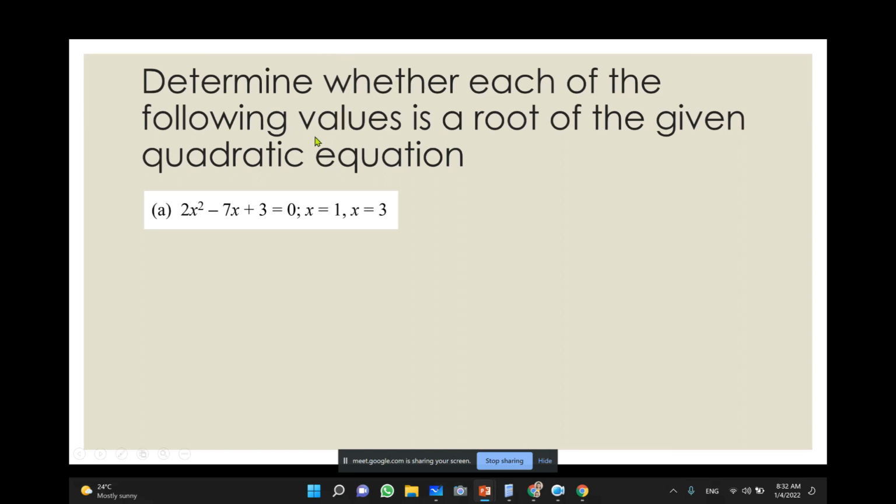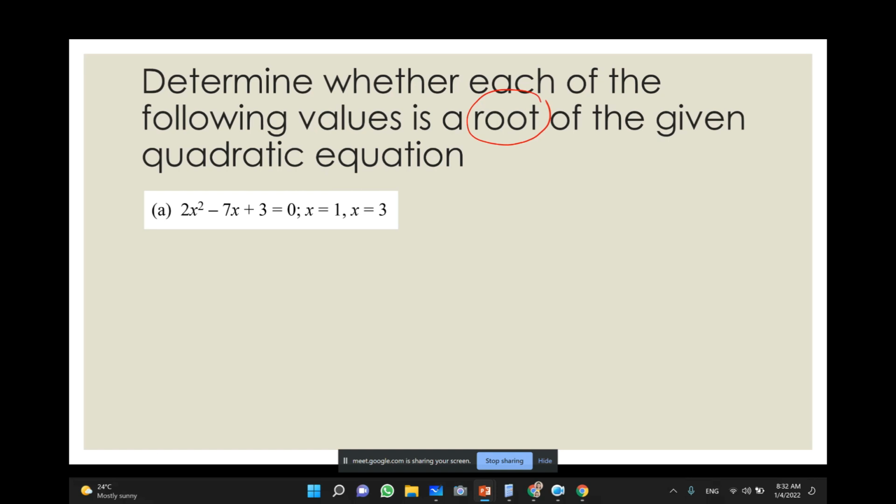Determine whether each of the following values is a root of the given quadratic equation. So now you are given a quadratic equation here, 2x squared minus 7x plus 3 equal to 0. And you have to determine whether x equal to 1 and x equal to 3 are roots of the given quadratic equation. This is like what you have learned in Form 3, the last chapter, the straight line.